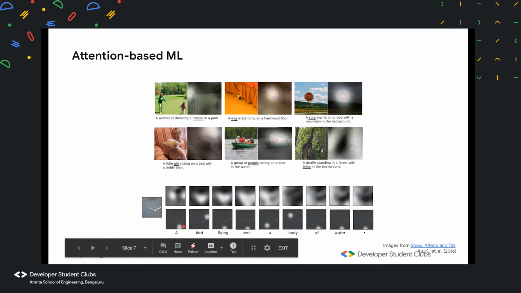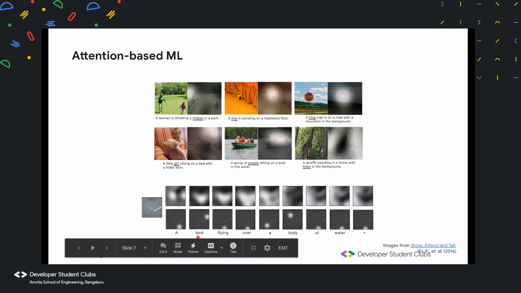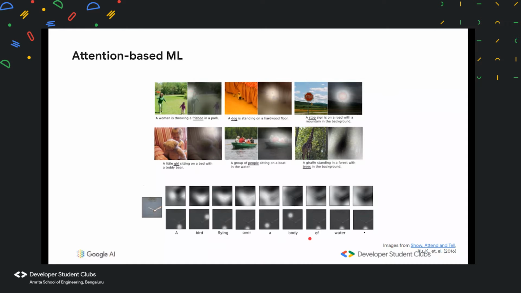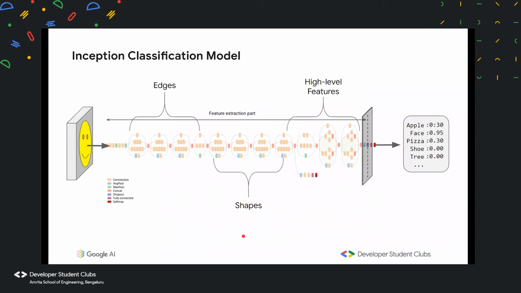And you can see that the white highlight over here is what is used to predict that corresponding word. Now, the words that aren't exactly the main words, that is a, over, off, are words that have been interpreted with the help of a recurrent neural network, which works on sequences of data. Okay.